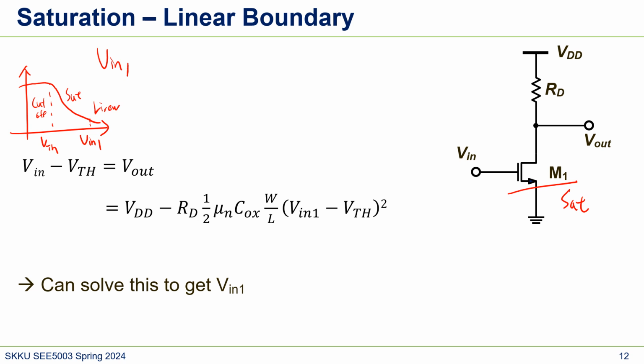So our target now is we want to calculate this value. How can we do it? So that will be V in 1 minus VTH, which is V out, right? This is V out. This is our V in, right? Because at the boundary, their voltage is the same. Well, this is VDS, okay?